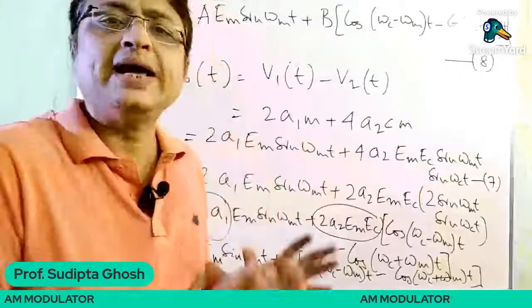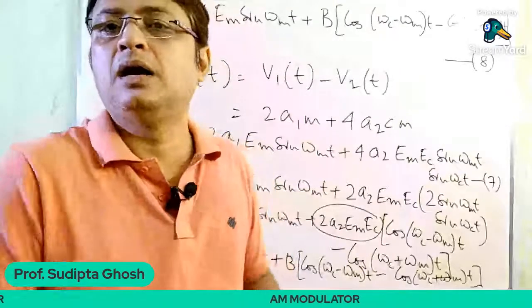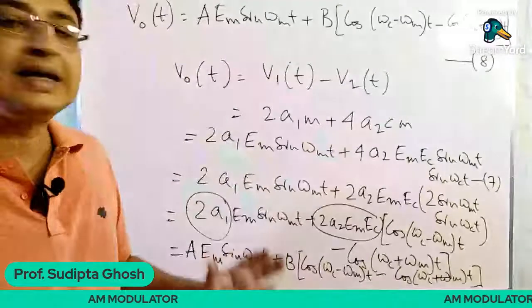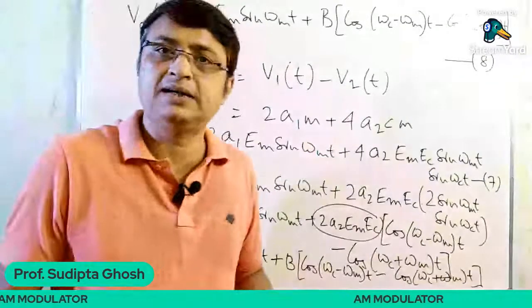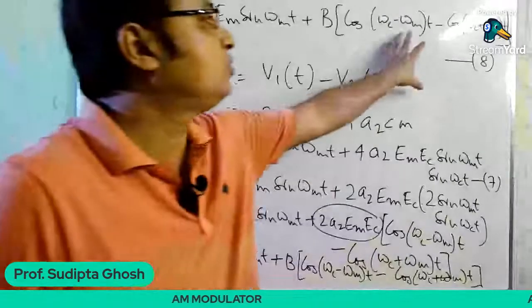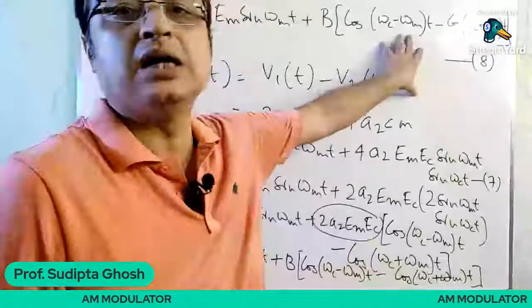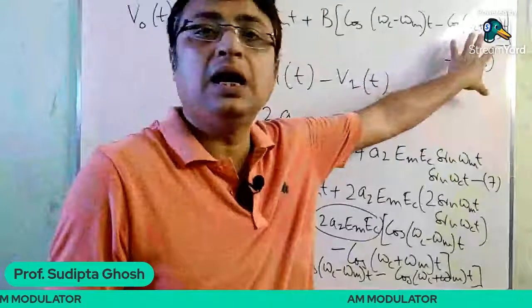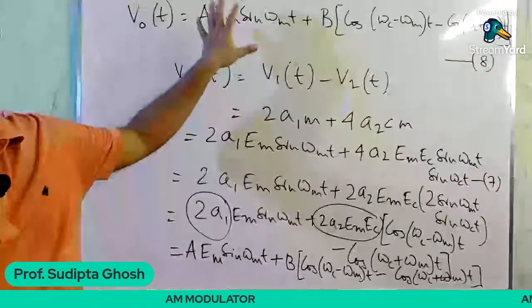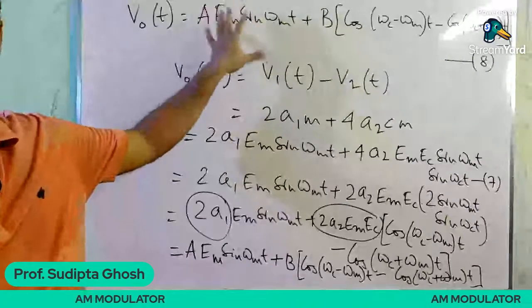But we can remove the carrier as a whole, and the carrier is entirely absent here. You can find it in this equation, and we have only the two sidebands. This one is the lower sideband, this one is the upper sideband, and this one is our information, or the modulating signal.